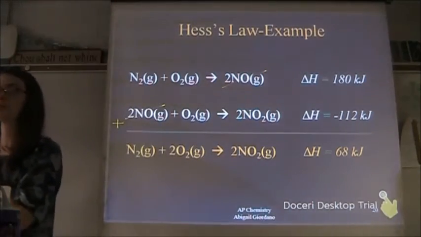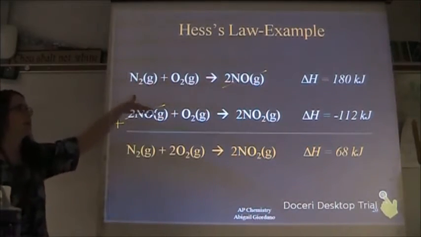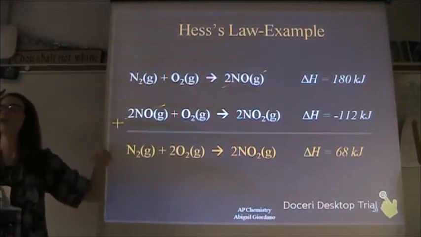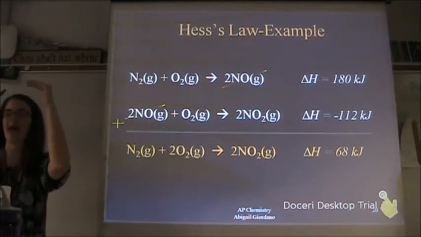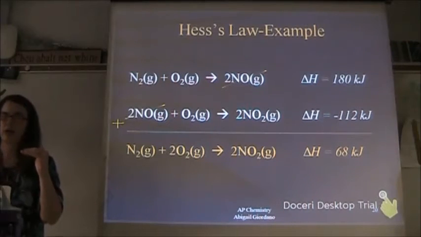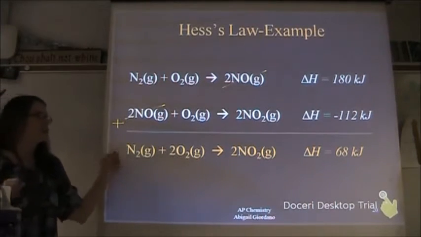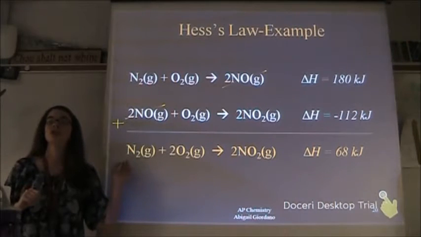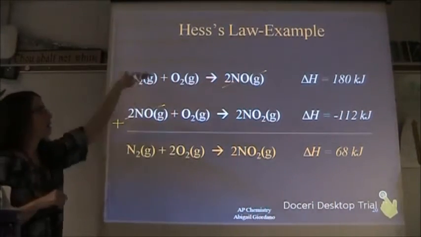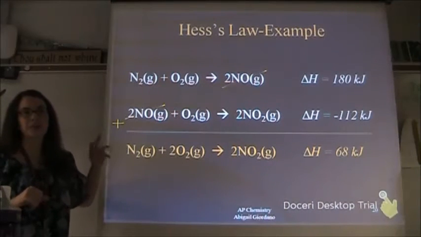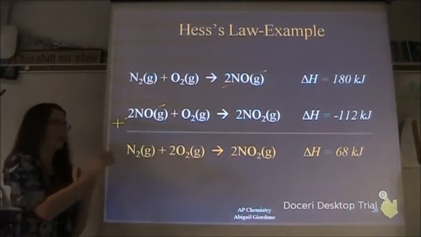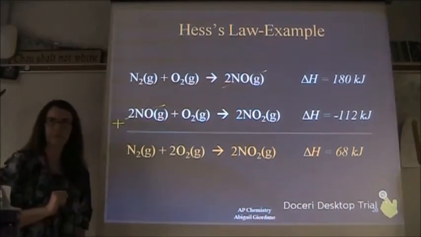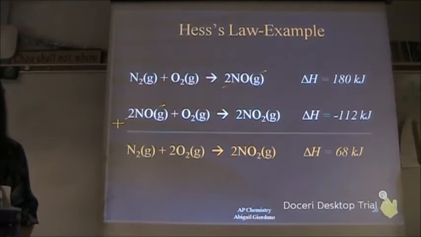Your job will be to manipulate the elementary steps, change them around somehow, so that when you add them together, you end up with the overall reaction you are supposed to. So the problem is going to say, here's a bunch of elementary steps. Manipulate these so that when you add them together, you get this.